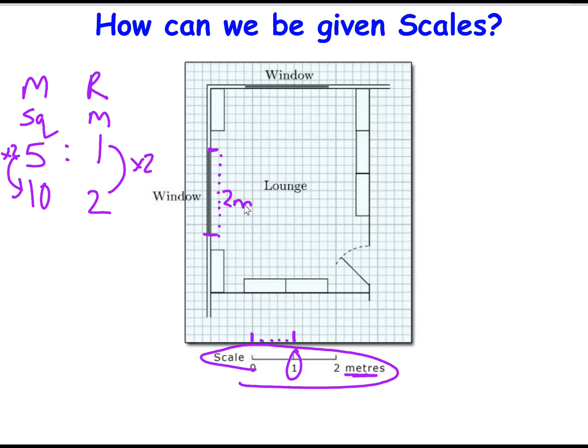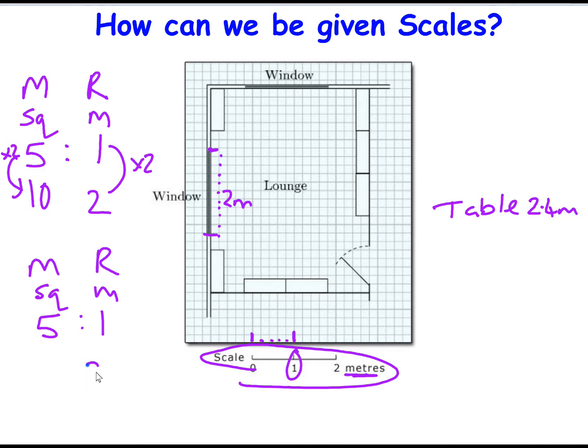And it works the other way as well. So if we've got the map and the real world with squares to meters, and I've got 5 to 1, if I wanted to draw a table that was, let's say, 2.4 meters long, then I would put 2.4 under this side of my ratio, because this is the real world.